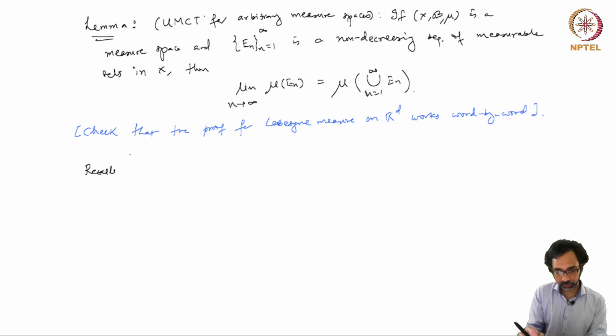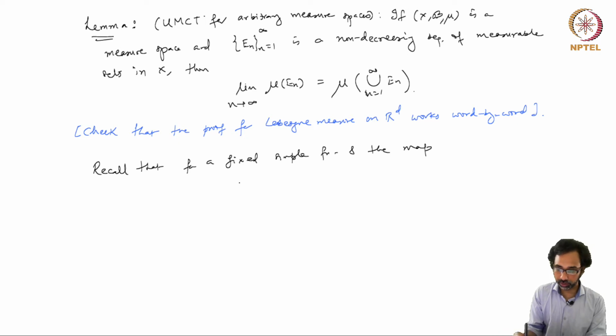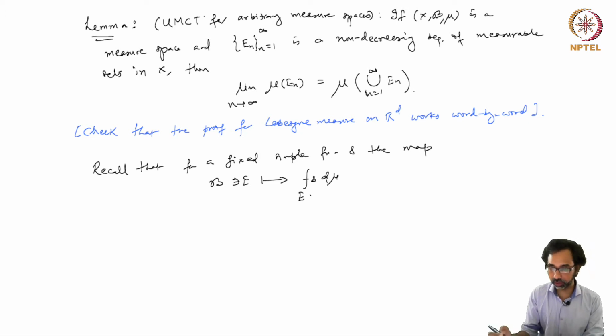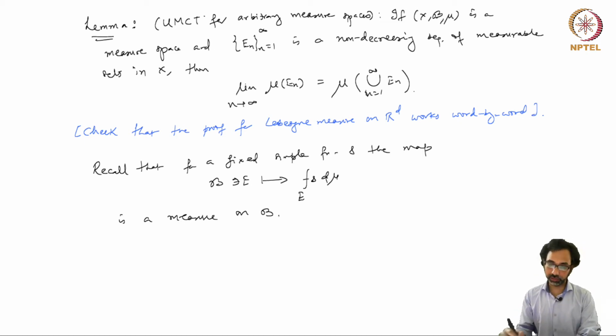recall that for a fixed simple function S, the map from E, for a measurable set E in B, which assigns to this set E the real number given by the simple integral over E. So we have defined the simple integral over any measurable set E, and so we can associate to any measurable set E this number, and this is a measure on B. So I left it as an exercise before, and we are going to use these two results.